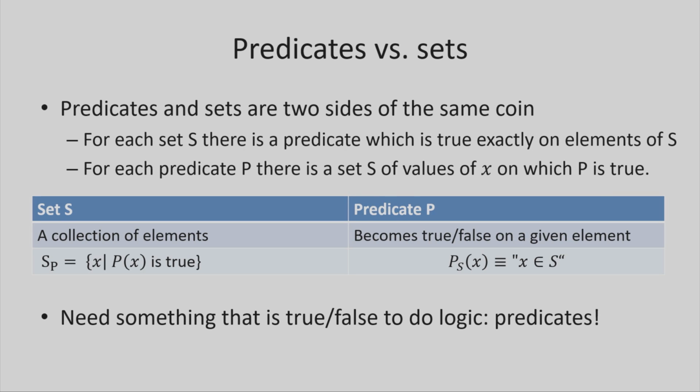So for the predicate P, you could say the set S is all such elements x for which P of x is true. And given the set S, you could define a predicate which is true exactly when x is in S for a given x. Why do we do this translation? Well, because we want to do logic. And in logic, we talk about things that are true and false. So when we do logic, it's much more convenient for us to talk about predicates.